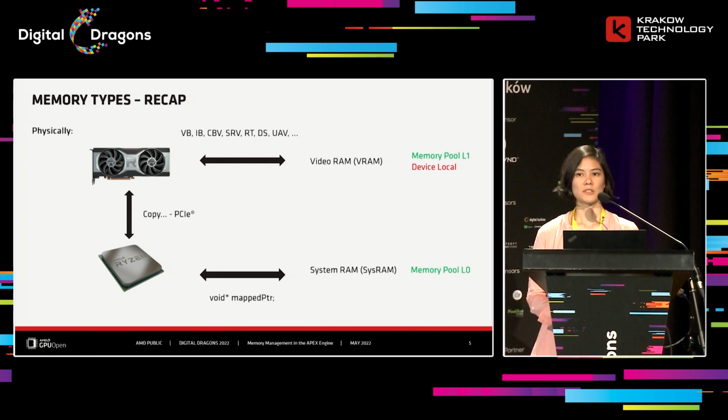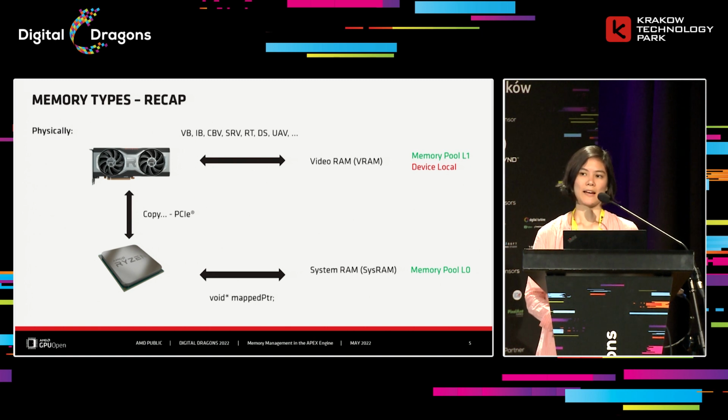What's fast for the CPU is accessing system memory. System memory, you usually buy as separate memory chips, and then you just plug it into your system. So how much system memory you have, it really depends on you. I mean, the range is quite wide, from 2 or 4 gigabytes to 128 gigabytes, so it completely depends. And the CPU can access system memory really fast, and usually that just happens via a mapped pointer.